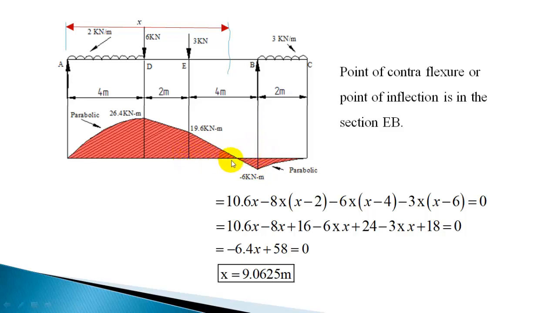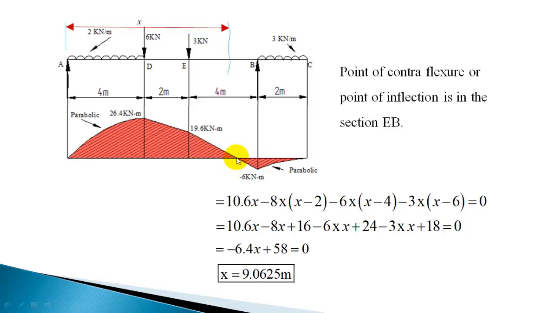So 19.6 divided by d is equal to 6 divided by 4 minus d, and from that you can find out d, and once you get d you can add 6 meter to that, which will give the point of contraflexure.